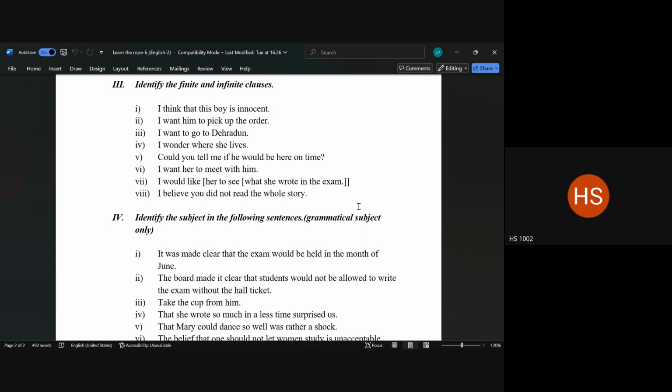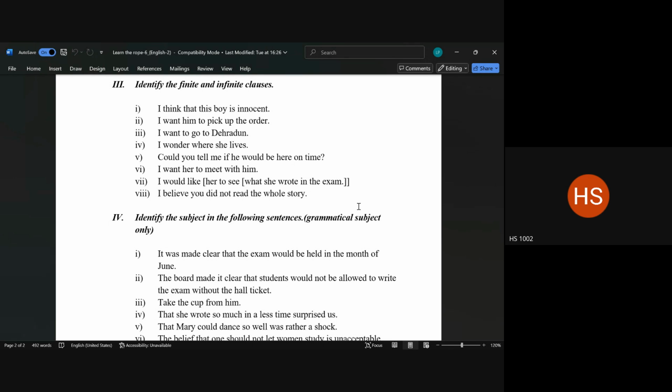So question number one, we're going to identify whether the given subordinate clause in the sentence is infinitival, or whether it has tense, which means it could be either of the three: noun, adjectival or adverbial. Our task is to figure out if the given subordinate clause is infinitival or not.